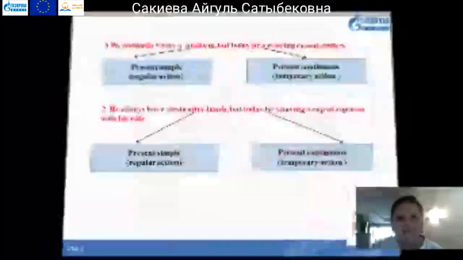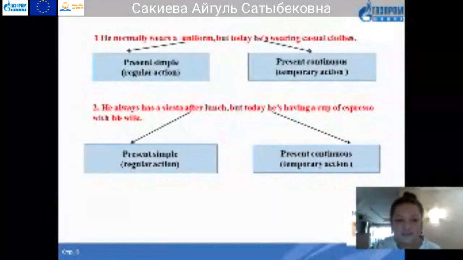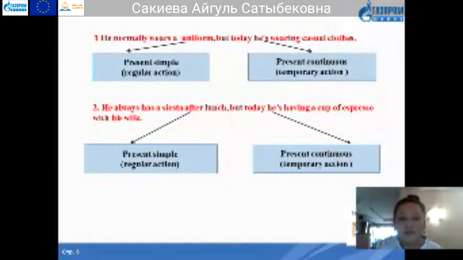Okay, look at some examples from this text. He normally wears a uniform, but today he is wearing casual clothes. He normally wears a uniform. This is present simple because this is a regular action, yes? And today he is wearing casual clothes. This is a temporary action, which is happening only today.